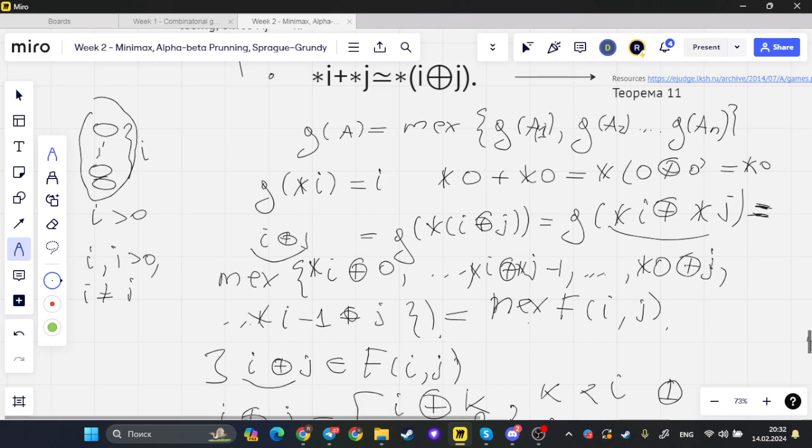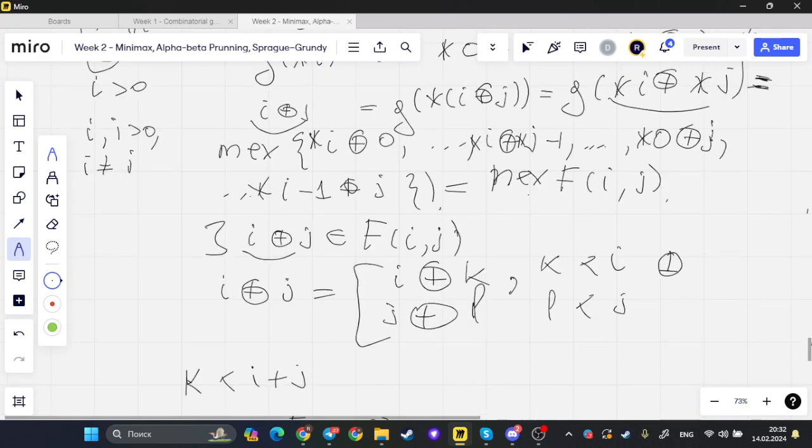We have already proved for all these piles that we have this fact. We need to prove this fact, and I prove that e plus g is isomorphic to star e plus star g.